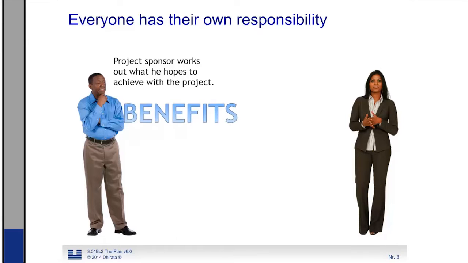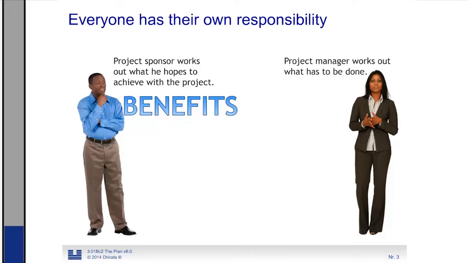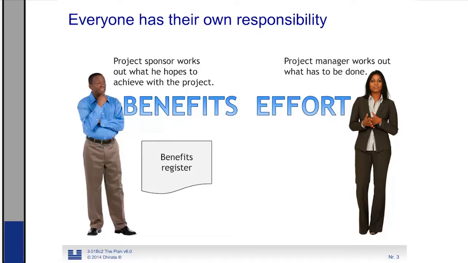This is the so-called set of benefits. The project manager is working out what has to be done. This is about the effort that we have to put in to get the result that we want. The benefits are registered in the benefit register, a list with the benefits of the project.